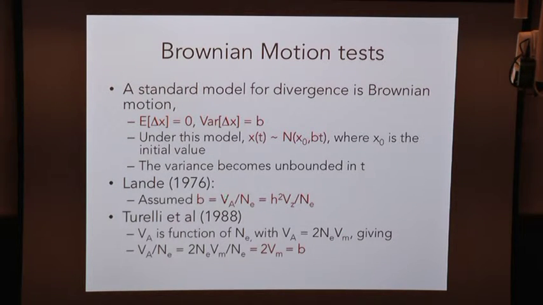So if you plug that in here, you can express your variance either as this expression, the added variance over Ne, or simply as twice the mutational variance. So there are two different versions of this test, depending upon whether you assume a heritability or a mutational variance.